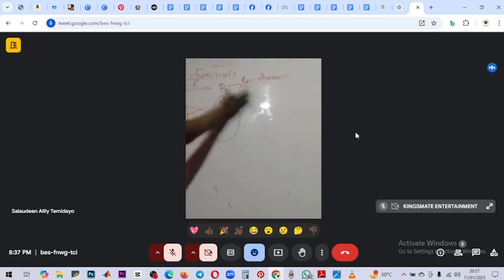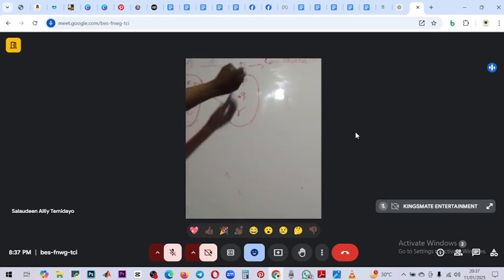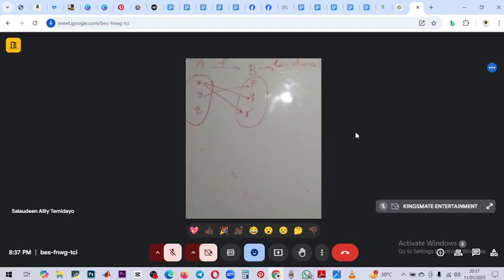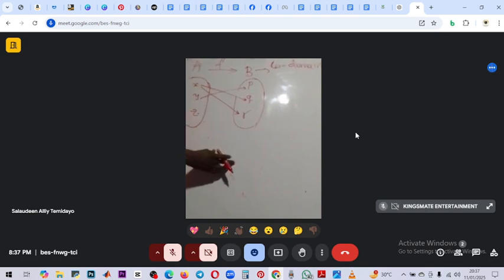Now, if something like this happens, x to q, x to r and y to p, is this still a function? No. Why? Because in a function, you must not have two images for one domain element.